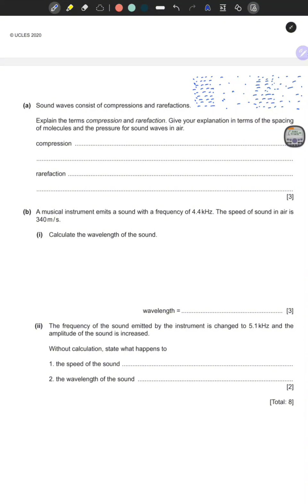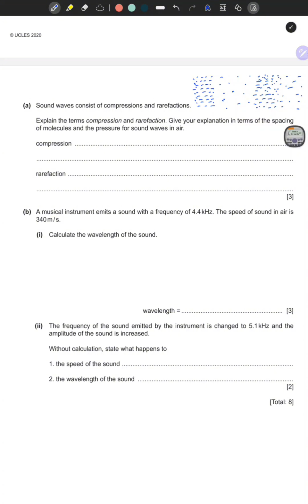The part of the dotted diagram where the dots are closer to each other is called the compressions, and where the dots are far away they are called rarefactions.